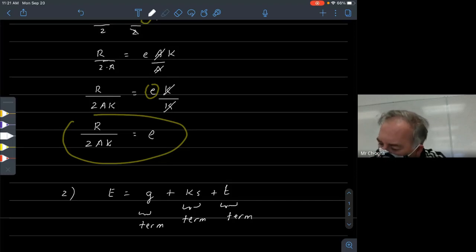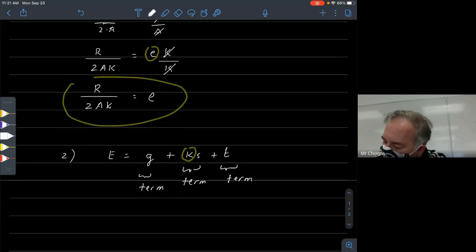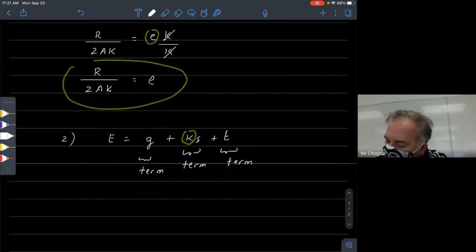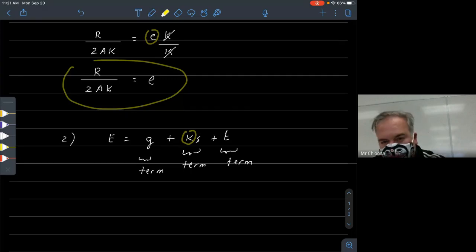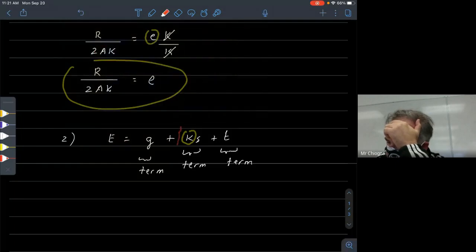We're going to solve for the K. You notice here we've got a K multiplied with the S. So for a general rule, you're solving for the K. If you're solving for the K and it's included in one of the terms, solve for this term first. I'll highlight that in red.